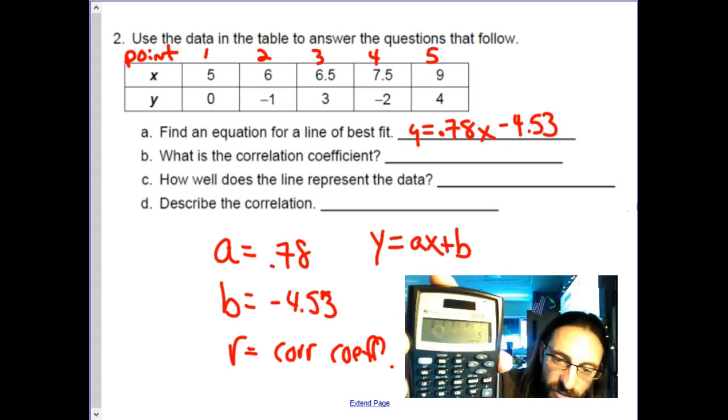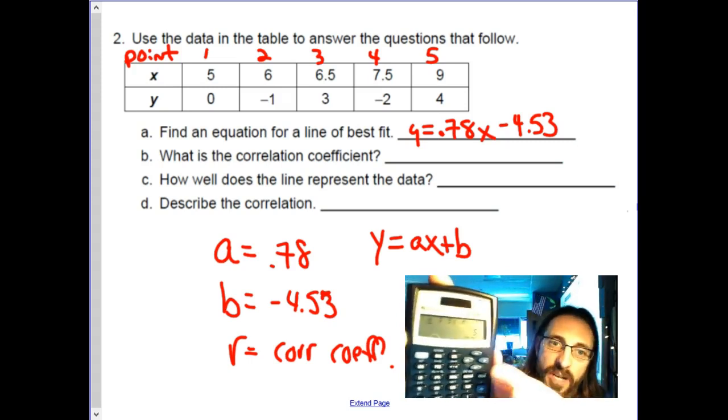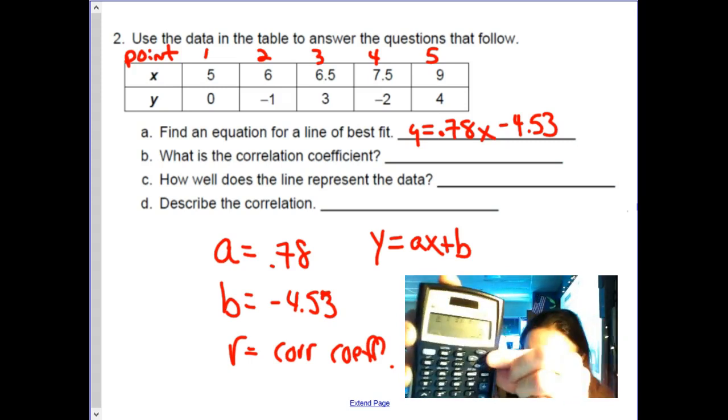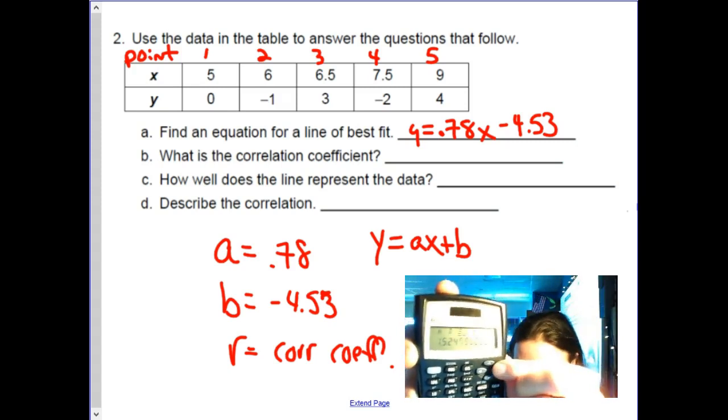And actually in statistics we use this a lot. N is the number of entries, you had 5, and you scroll over.